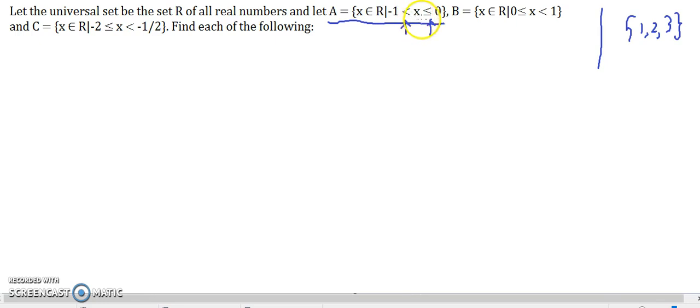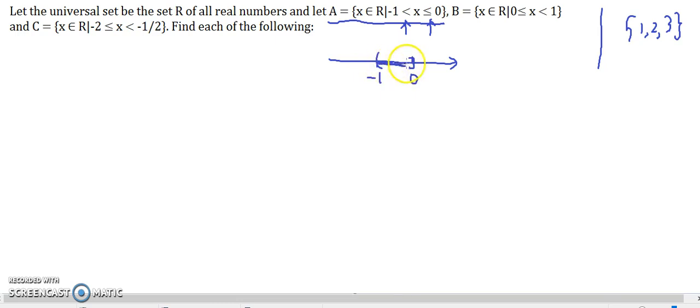Because x is a real number, if we draw a real number line to describe that, it will be the numbers between -1 and 0, including 0, but not including -1.